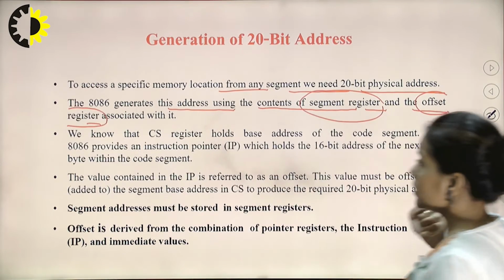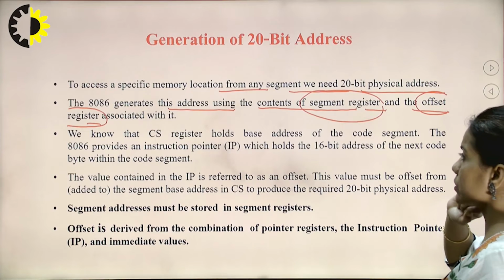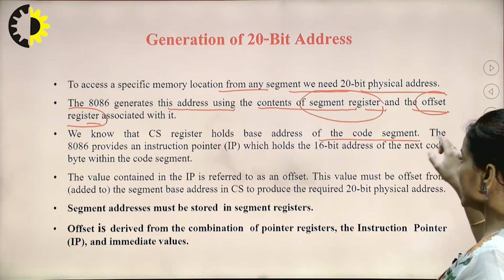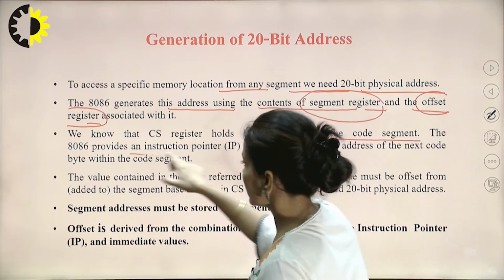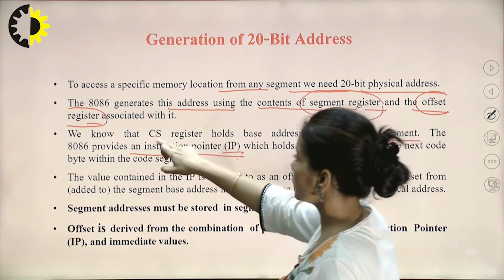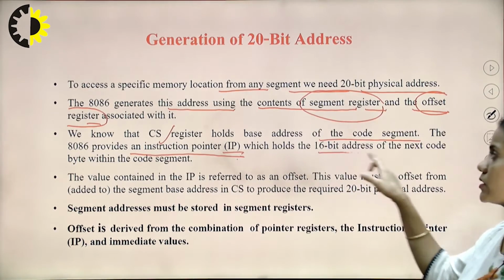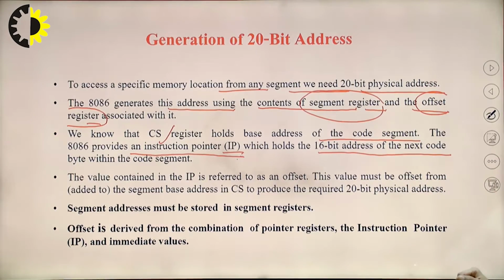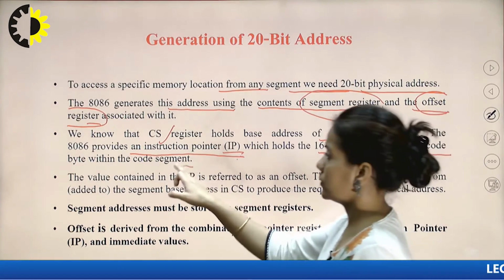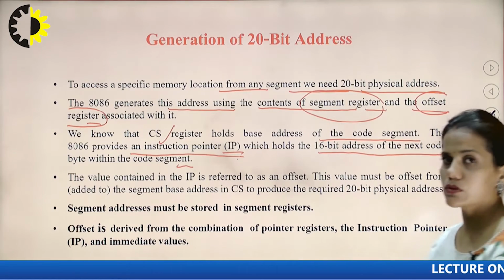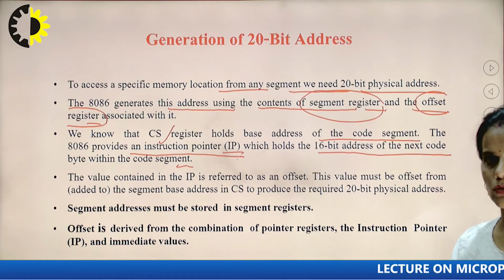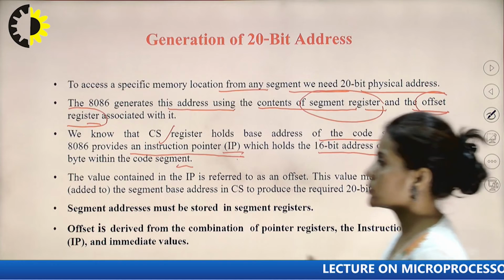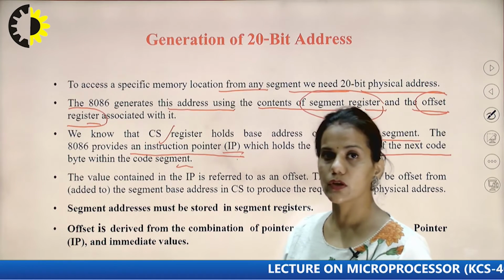We know that the code segment register holds the base address of the code segment. The 8086 provides an instruction pointer. So, IP works with the code segment here, which holds the 16 bit address of the next code byte within the code segment. The instruction pointer holds the offset of the next code, and CS stores the base of the code segment.